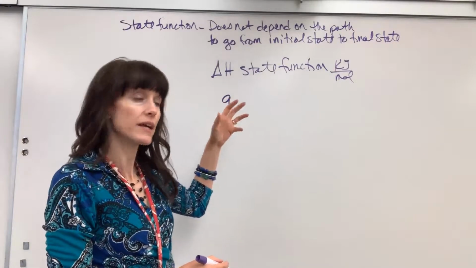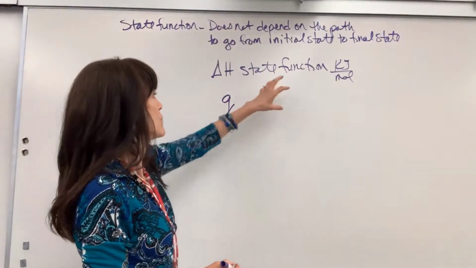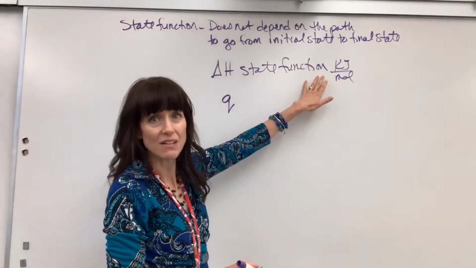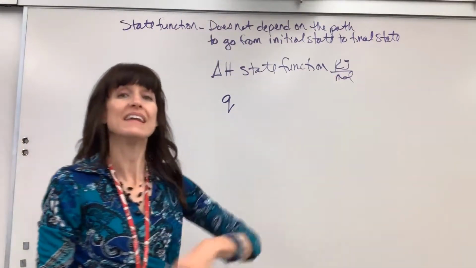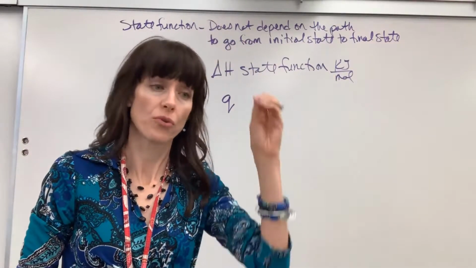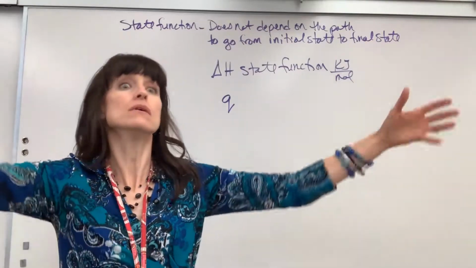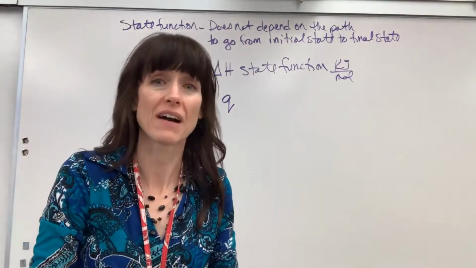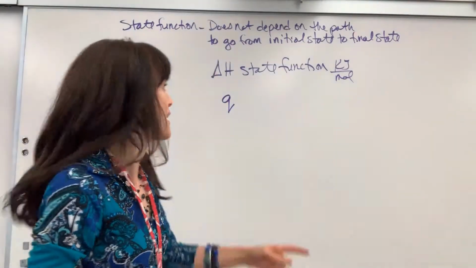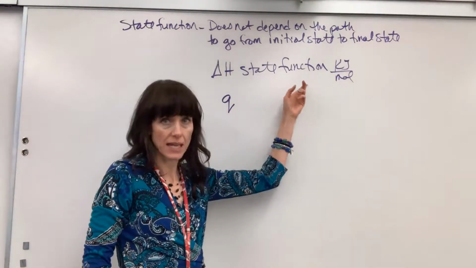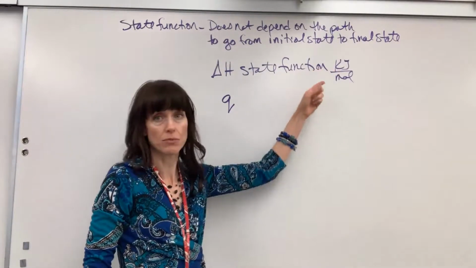But then I could take that energy, divide it by the moles, and I would come up with a delta H, a state function, kilojoules per mole, that in any situation for combusting glucose, I could have 1,000,000 grams, I could have 0.5 grams. I will still have the same delta H. I'll still have that same ratio.